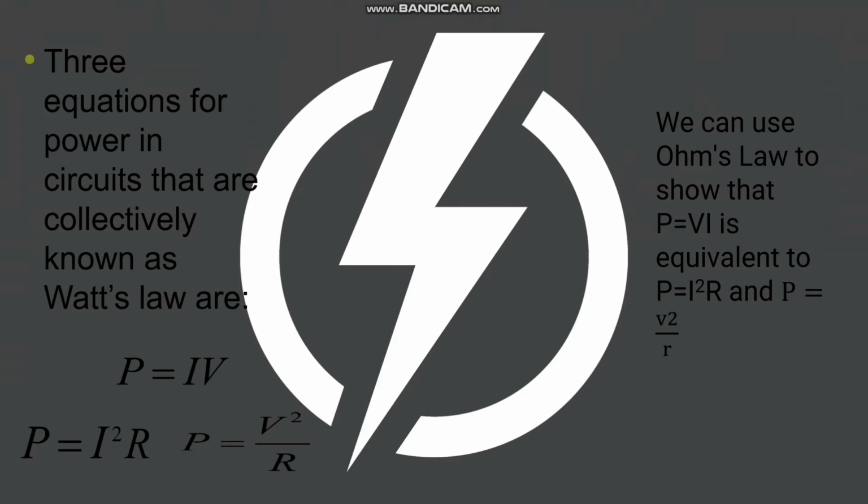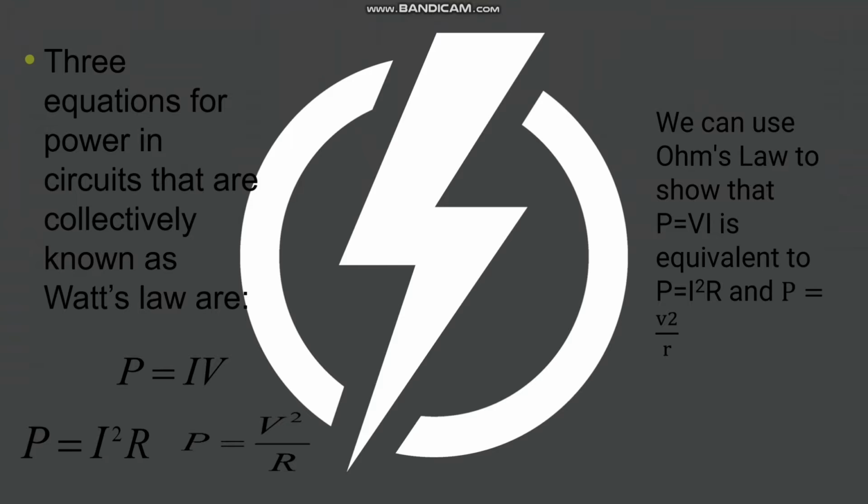Three equations for power in circuits that are collectively known as Watt's law are the following. P, or the power, equals current times voltage. The second is power equals current squared times resistance.